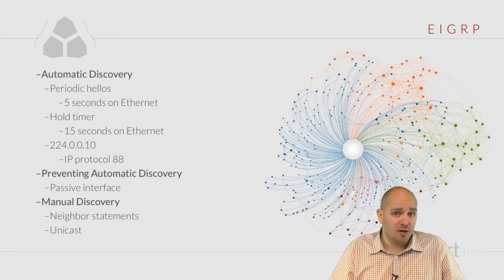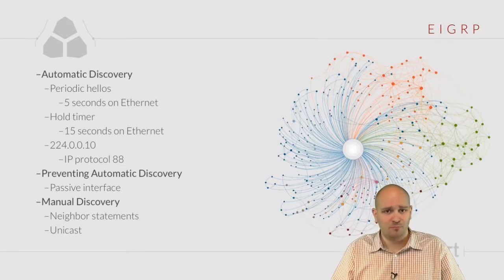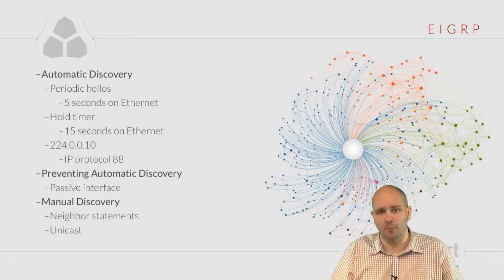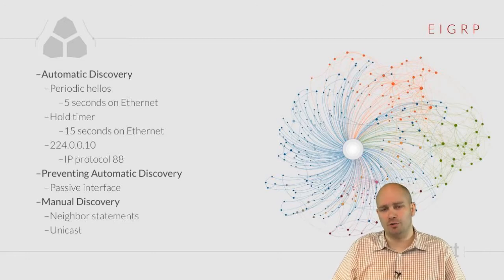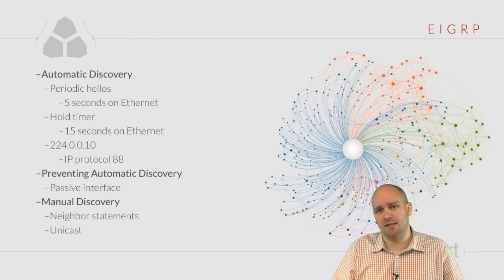Manual discovery, or the manual configuration of the neighbors, is mostly used in network environments where we do not want the automatic discovery to work, or automatic discovery is simply not available. For example, older non-broadcast multi-access networks like, for example, frame relay or ATM come to mind here.